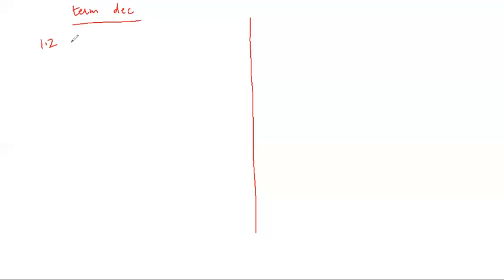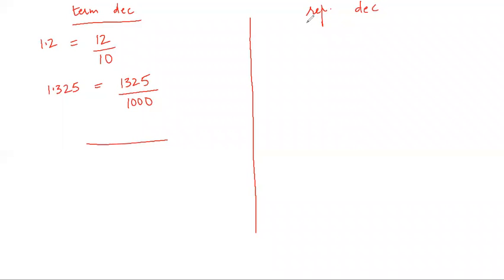If it is 1.2, I can write it 12 by 10. If it is 1.325, I can write it 1325 divided by 1000, since there are 3 digits after the point. Well, this is very simple. But if they are repeating decimals or recurring decimals, how to convert them into P by Q form where Q is not equal to 0.